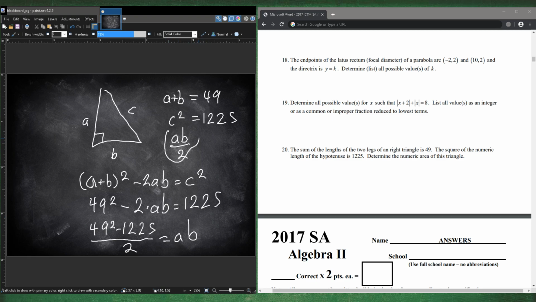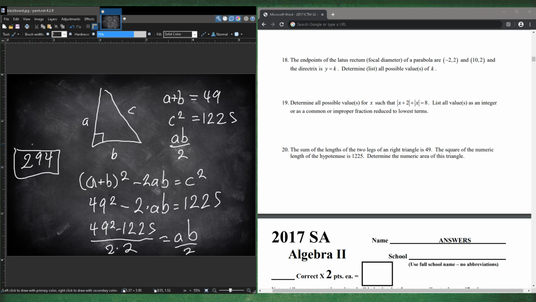We need AB divided by 2, so we don't actually have to look for A and B. We just need to get those terms. So we divide this by 2 again, and the area is 294, which is your answer for number 20.